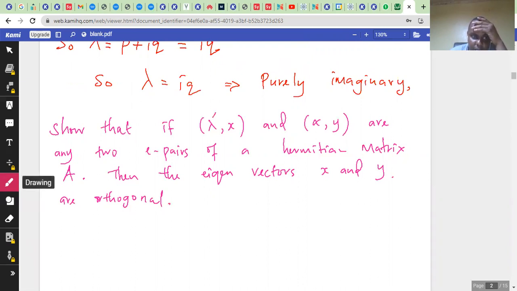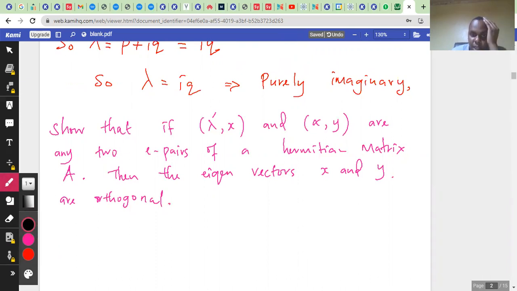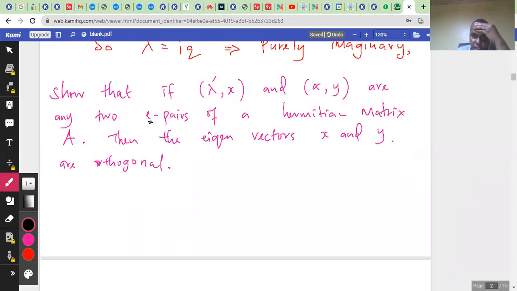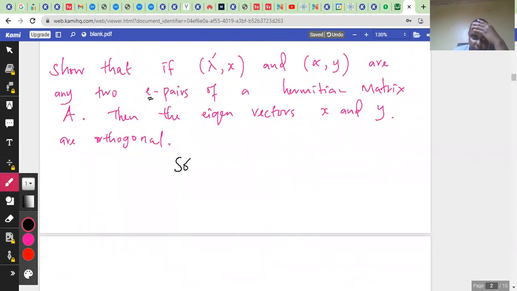That's why they are called E pairs, E for eigenvalue, eigenvector pair. So if you have such two pairs for Hermitian matrix A, we need to show that the two eigenvectors are orthogonal. So let's try out a solution.